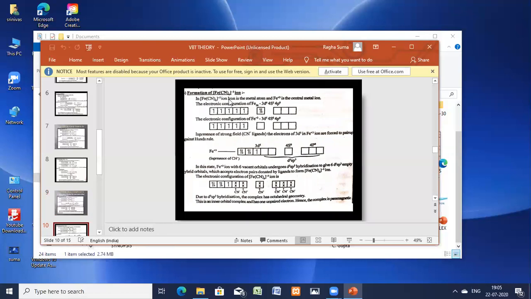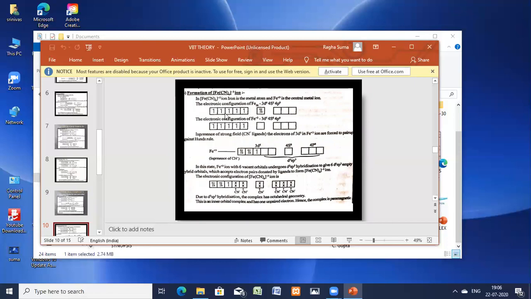What is the oxidation state? x plus 6 into minus 1 is equal to minus 3. So x minus 6 is equal to minus 3, x is equal to plus 3. Iron is in the plus 3 state, the ferric state. Previously it was the ferrous state.